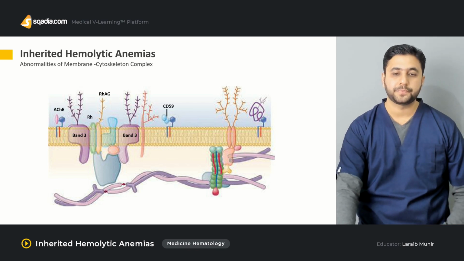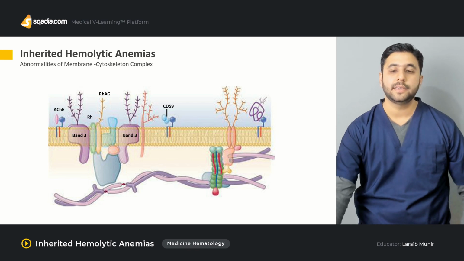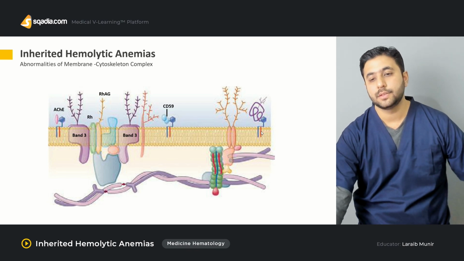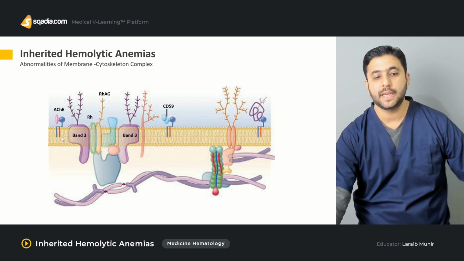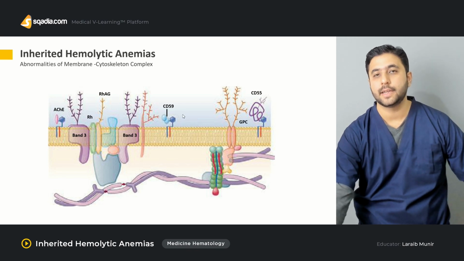The other important proteins at the level of the lipid bilayer are these red and blue stripes which you are going to see. These are the GPI anchoring proteins. These anchor various types of proteins to the RBC membrane. For example, here it is anchoring an acetylcholinesterase channel, here it is anchoring CD59, and here it is anchoring CD55.